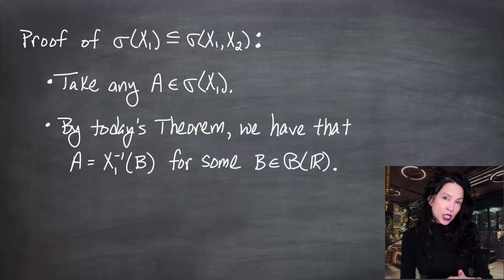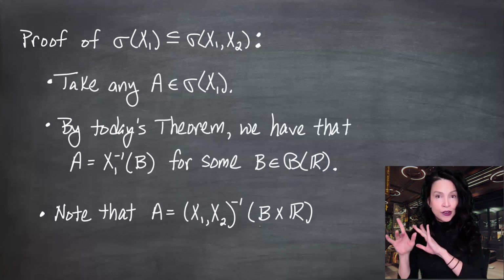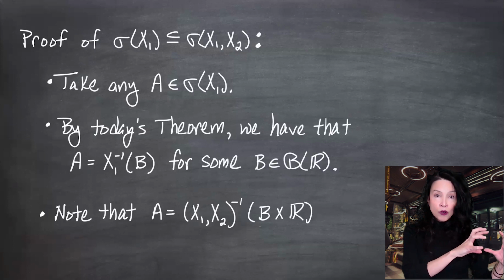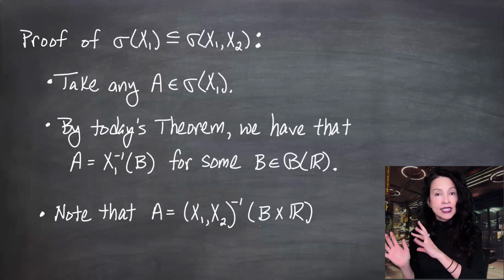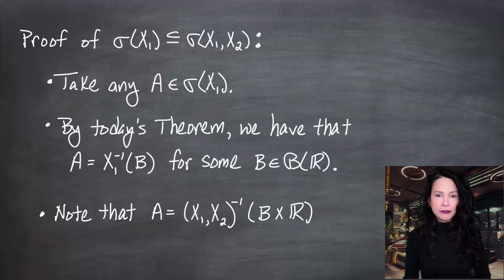But I need to get this X1 stuff in terms of X1 and X2 stuff. And this isn't bad. Note that A is also the inverse image under the vector function x1 and x2 of that Borel set crossed with R. In other words, what omegas in here go over here into, if you just look at one dimension of that space, into a set B, it's everything over here that goes into B, comma, everything else, like B with any other real number in the second component.